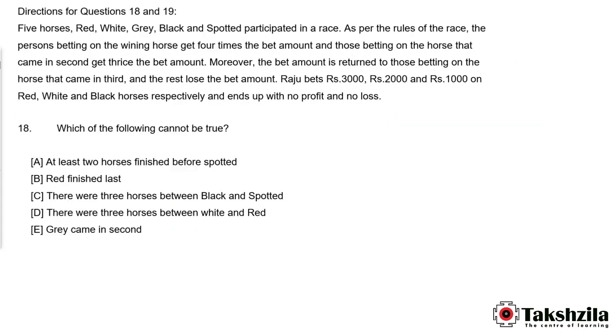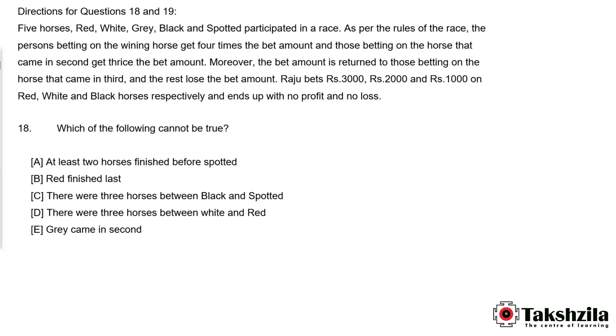After this, there is some common data for question number 18 and 19. So let's read that common data. 5 horses, red, white, grey, black and spotted, participated in a race. As per the rules of the race, the person betting on the winning horse gets 4 times the bet amount, and those betting on the horse which came in second get thrice the bet amount.